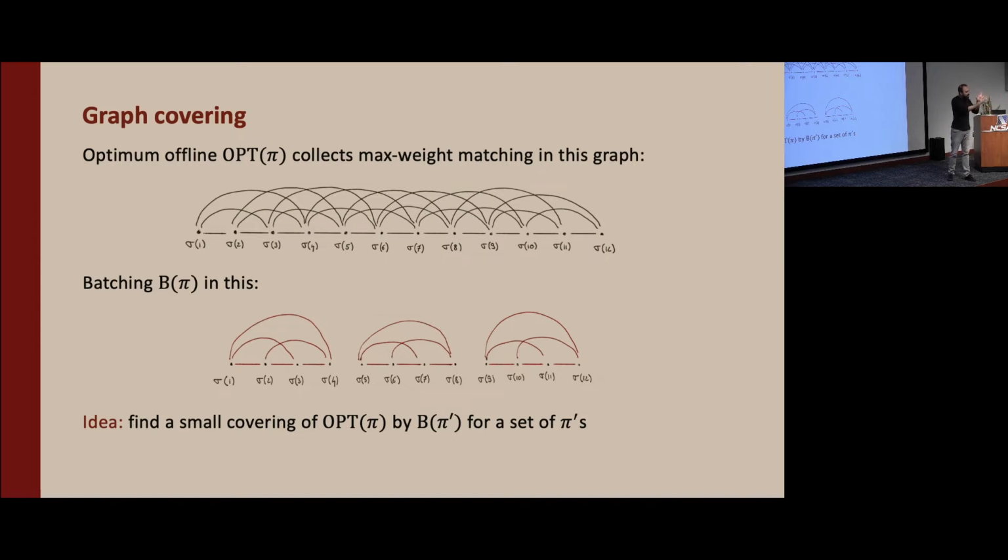If you can put them on top of each other and get the graph of the optimum, then using the standard techniques in linear programming and polyhedral combinatorics, you can relate the performance of batching to the performance of optimal offline.